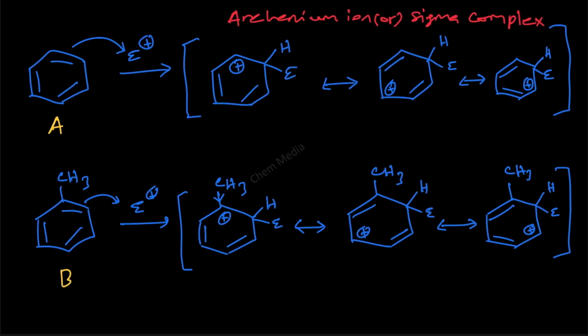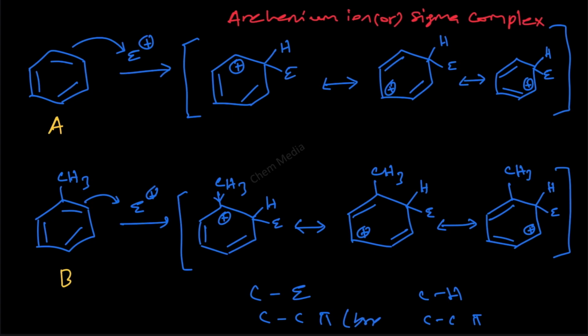Formation of carbon electrophile bond and the breaking of carbon carbon pi bond, that is the rate determining step, not the breaking of CH bond and formation of CC bond, isn't it?